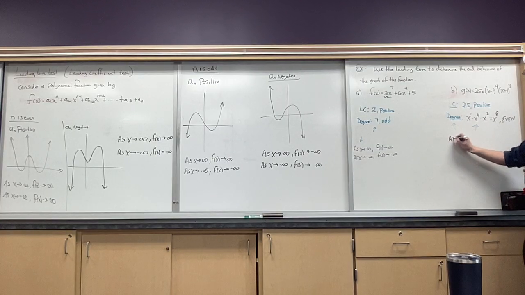Let's describe it. As x goes to positive infinity, my f of x does too. As x goes to negative infinity, my y values will go to positive infinity. Okay? What do you think? Questions?